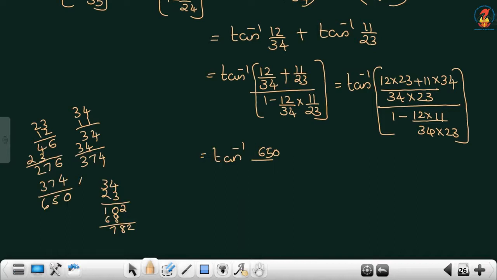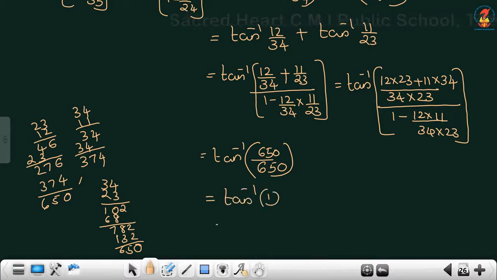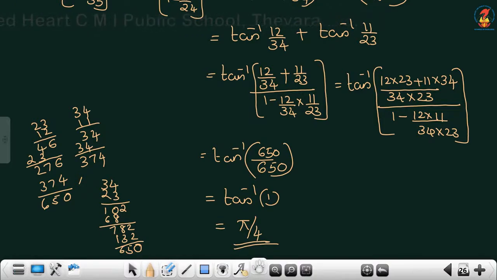Now what is 12 into 11 is 132. So it is 650. That's equal to tan inverse 1. Tan inverse 1 means pi by 4. Tan 45 is 1. So tan inverse 1 means it is pi by 4.